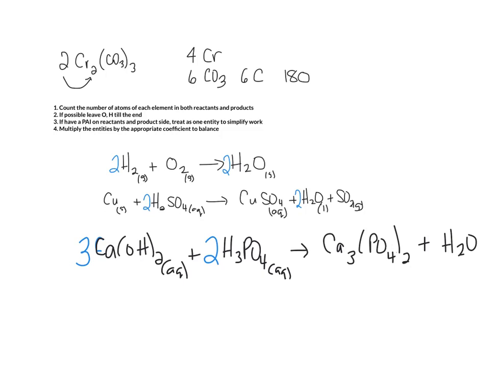That leaves us with the rest of the hydrogens and oxygens. So now you no longer count these oxygens. They're taken care of. You don't count these oxygens. They're taken care of. So here we have 2 times 3 hydrogens, and we have 3 times 2 hydroxides.